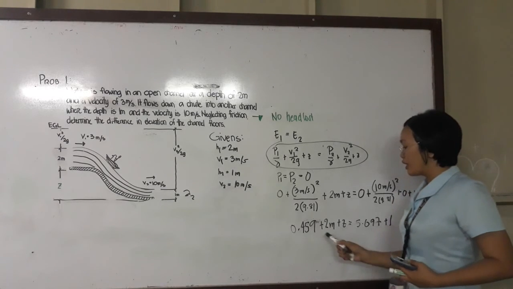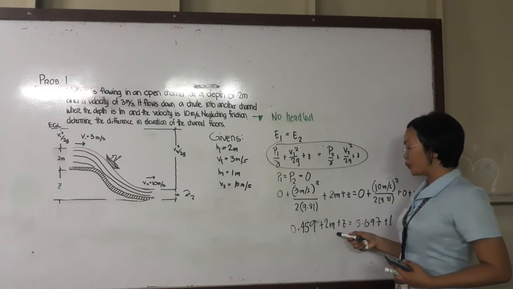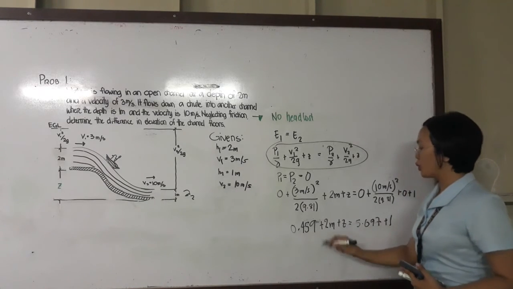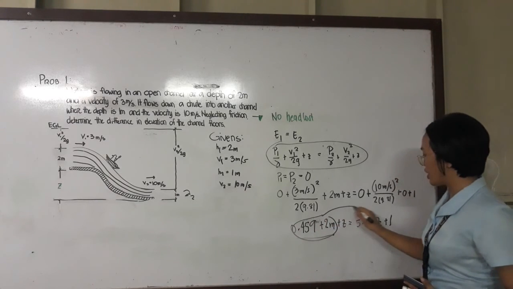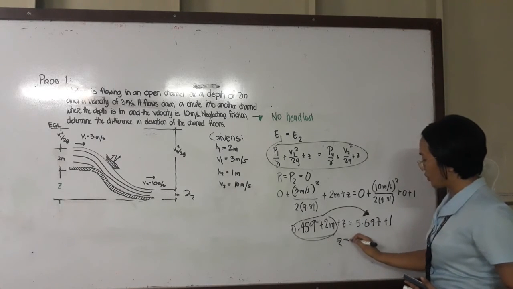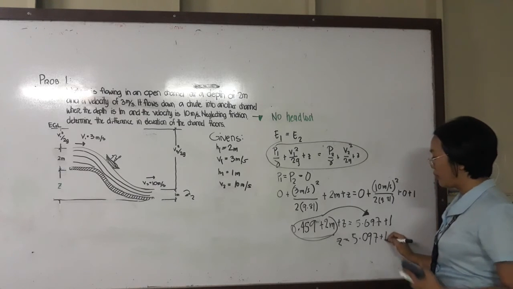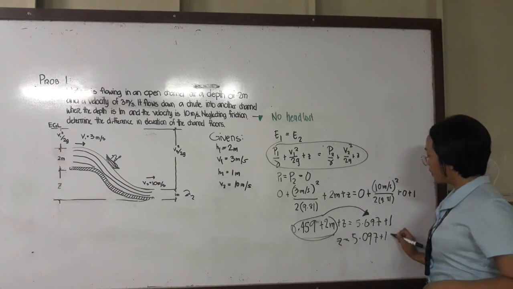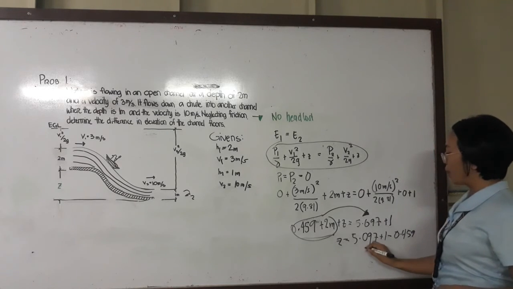In order to find the value of z, we are going to transpose these values from here to here. So z is equal to 5.097 plus 1 minus 0.459 minus 2.